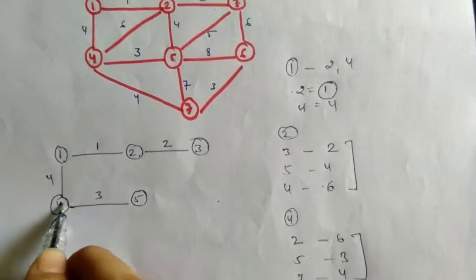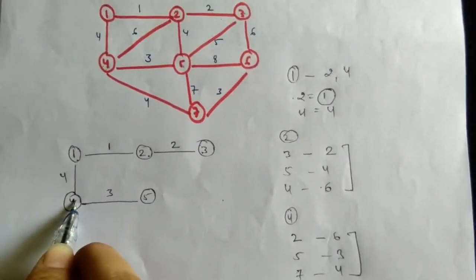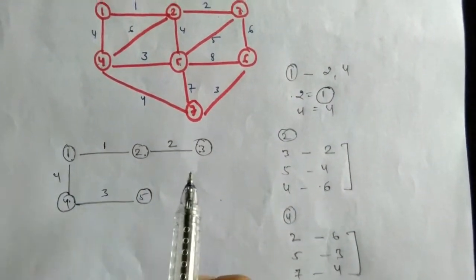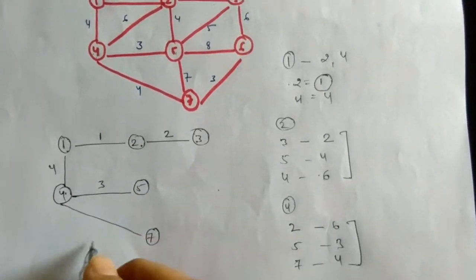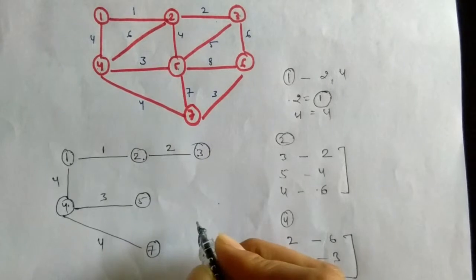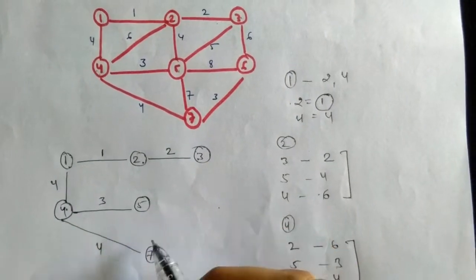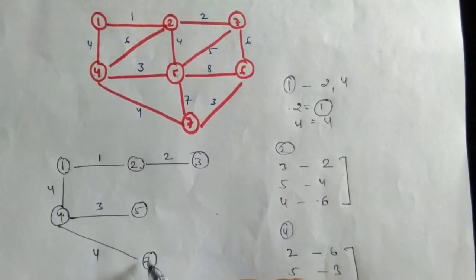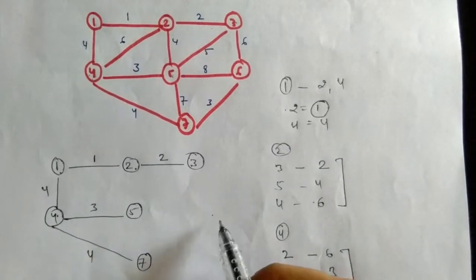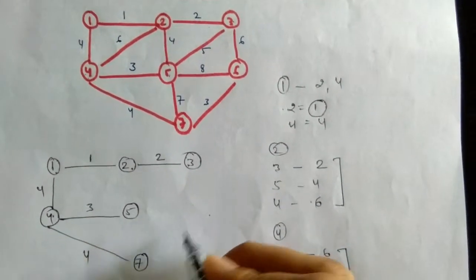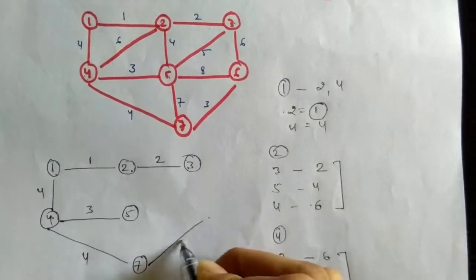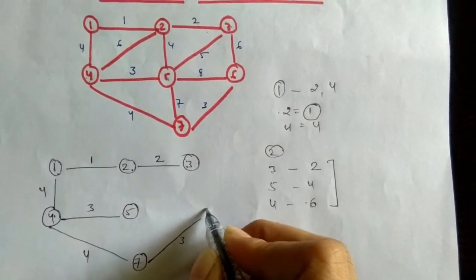That is, we will move to the vertex 4 and select the path that is 4 to 7. So we will move from 4 to 7, that weighs 4, and then we will see the edges going from 7 to 5 and 7 to 6, that weigh 7 and 3 respectively. So we will select the minimum edge weight, that is 3, from 7 to 6.